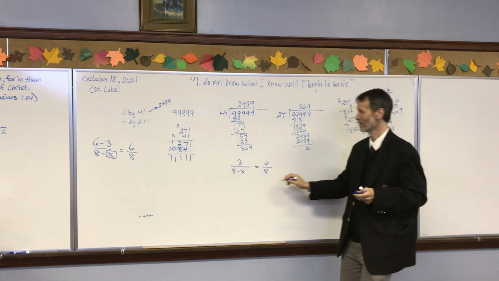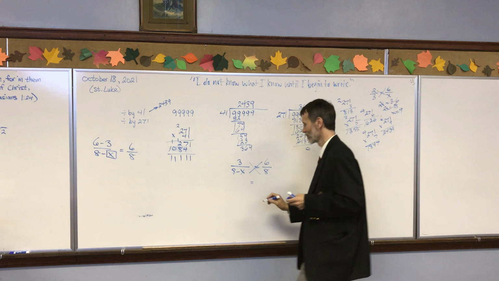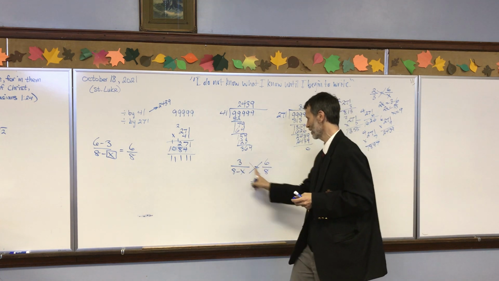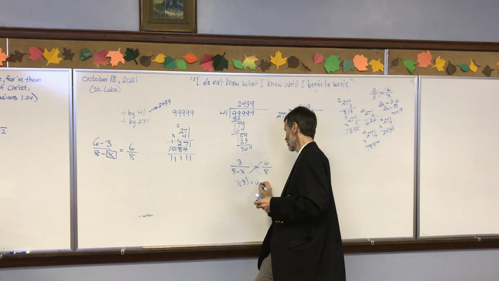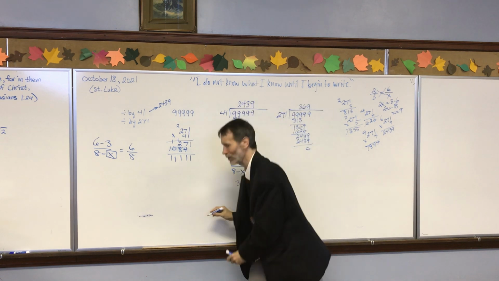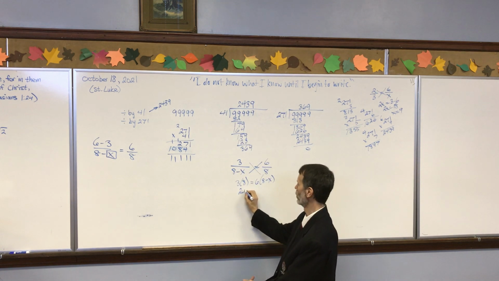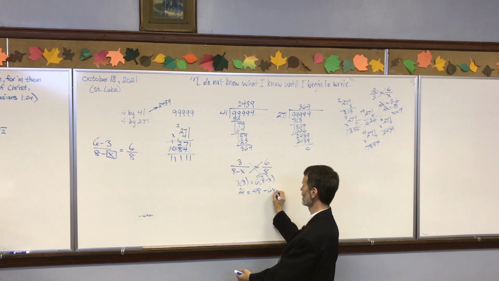I want to do the exact same thing here, cross multiply. It's something equals something. This multiply, 3 times 8, equals 6 times this thingy. Just mindlessly multiply. This becomes 24 equals, distribute, 48 minus 6x.